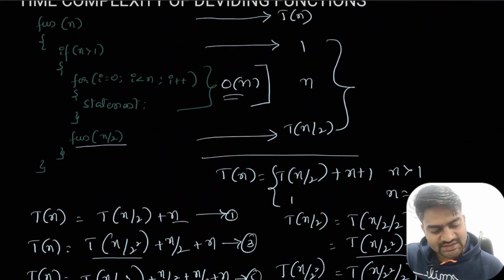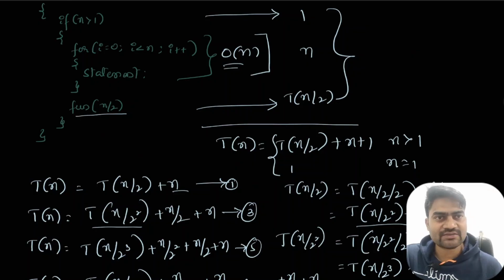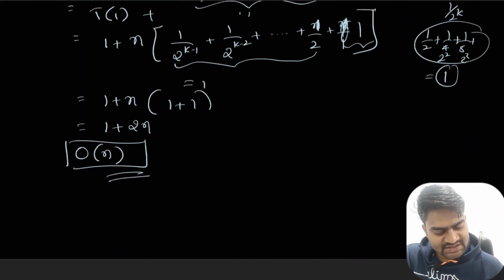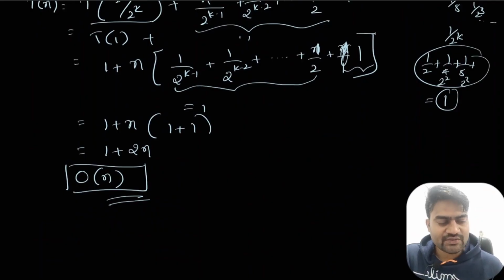What it is doing is checking whether n is greater than 1 and then it does something for n number of times, then it halves the input and calls itself again. In such cases we will get order of n. This is using the back substitution.